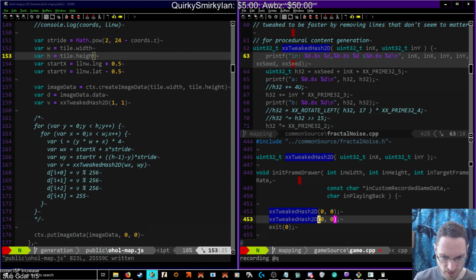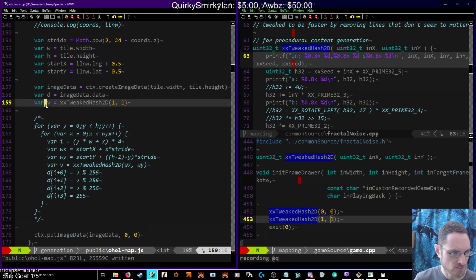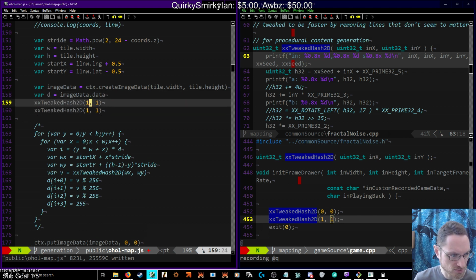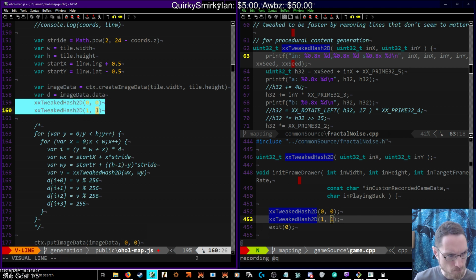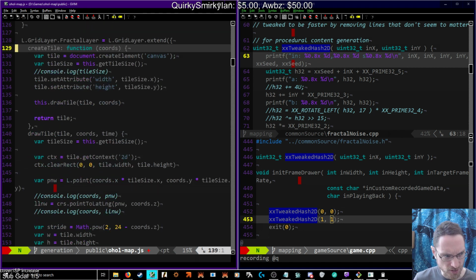Actually, I might need to maintain a bit of a test case here. We don't actually need this. And you know what? This is handling happening per tile. Currently, I don't need that.